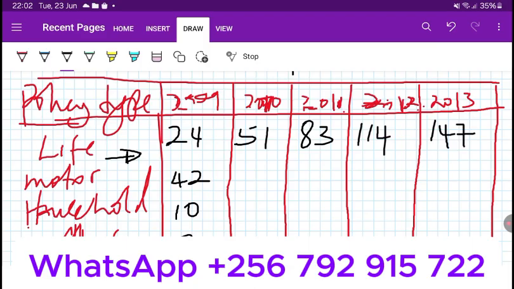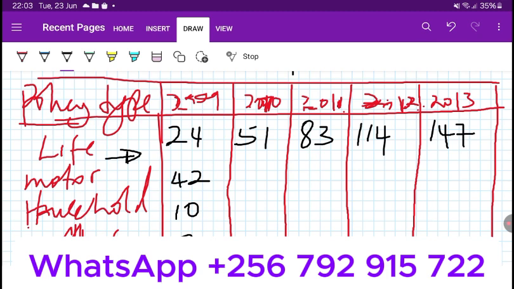Now we do the same for motor vehicle. It is 42 in year 2009, 2010 is 37, 2011 is 31, 2012 is 29, then 2013 is 26. So we keep on getting the cumulative value for each of these insurance policies.